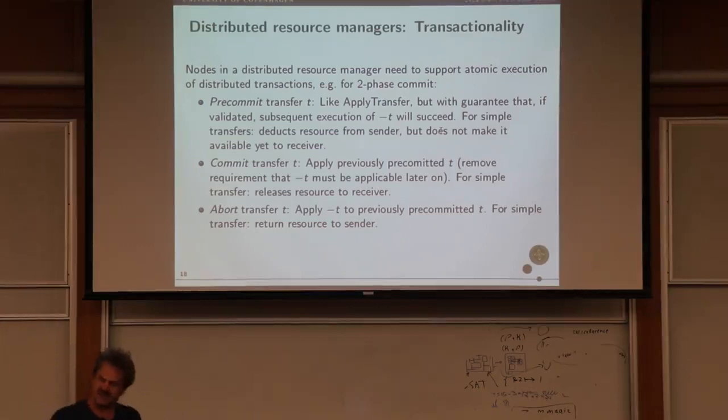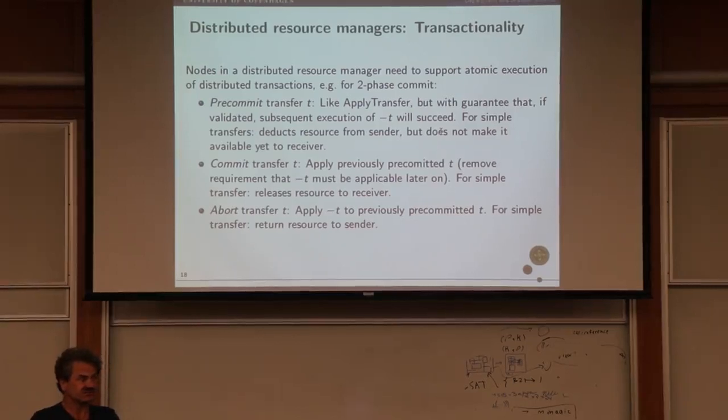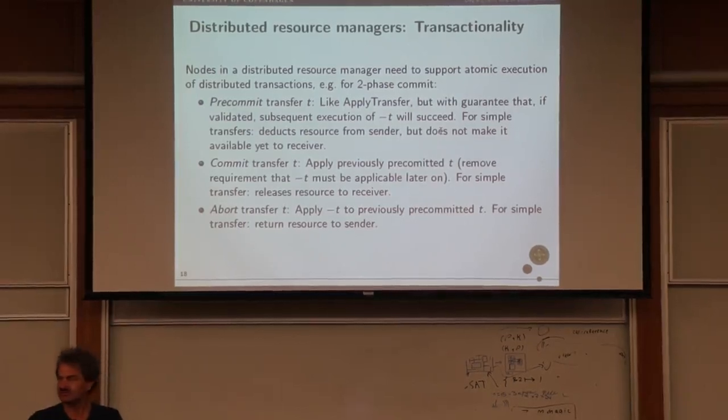So the abstract, or general principle is: please, dear resource manager, do whatever is required so that if the pre-commit succeeds, whatever happens in the meantime, the inverse of T will succeed, will be validated, if and when I come back to this one. Okay, so by a commit or abort.